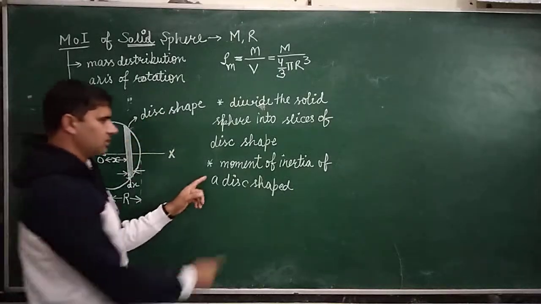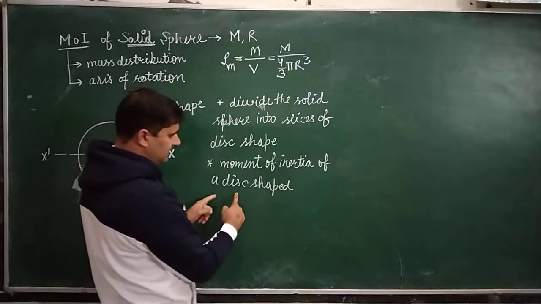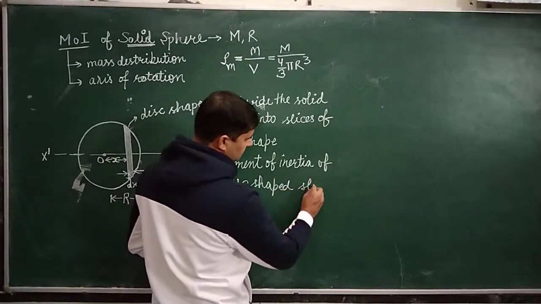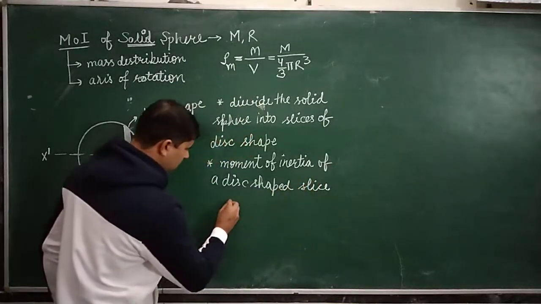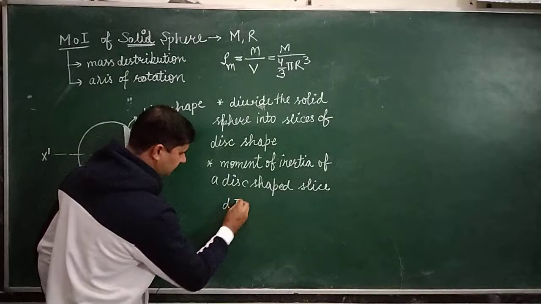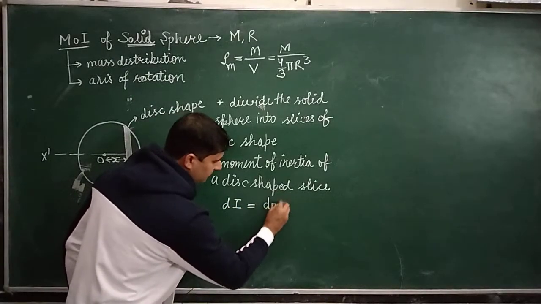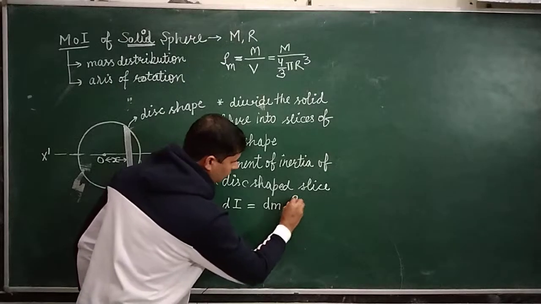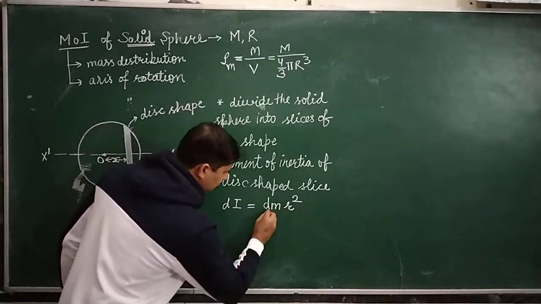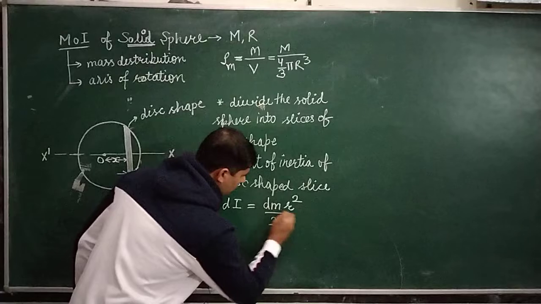The moment of inertia of the disc shaped slice, let us represent it by dI, will be dm into r square divided by 2.